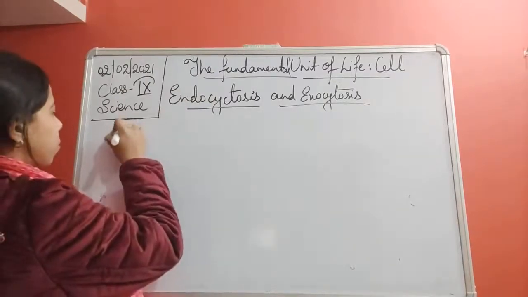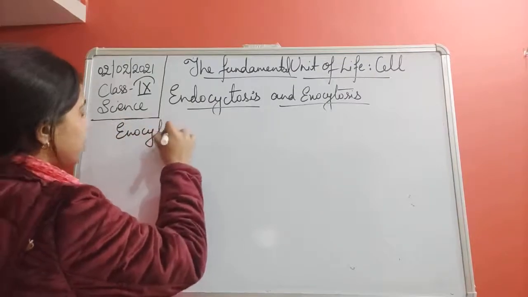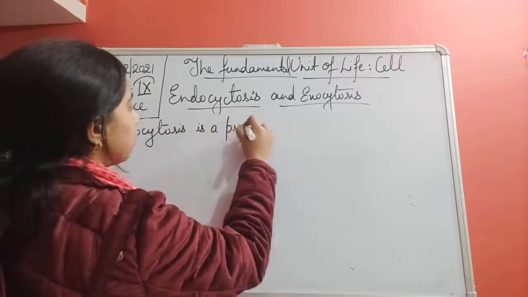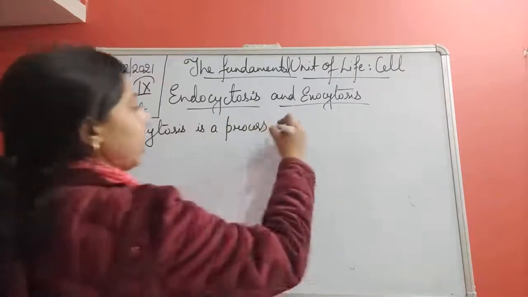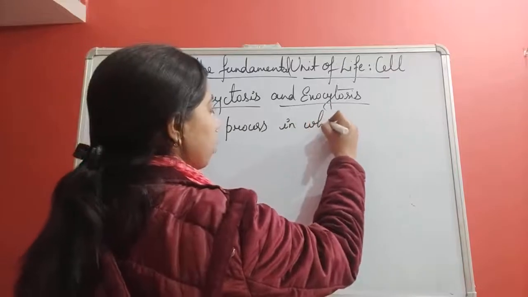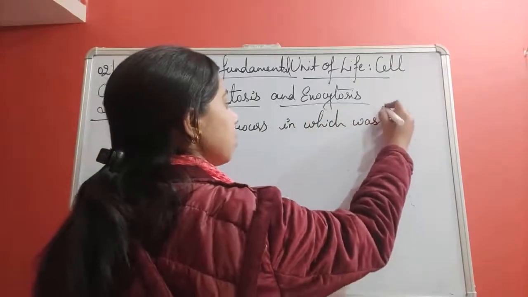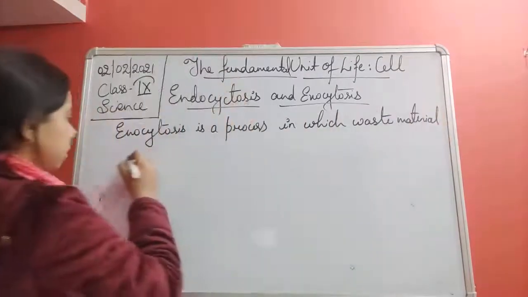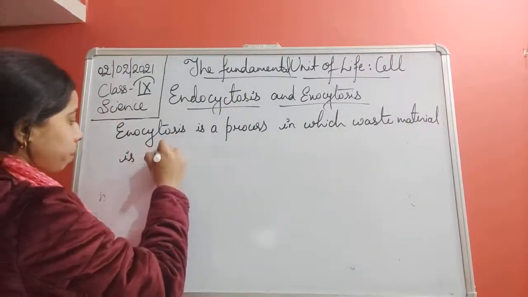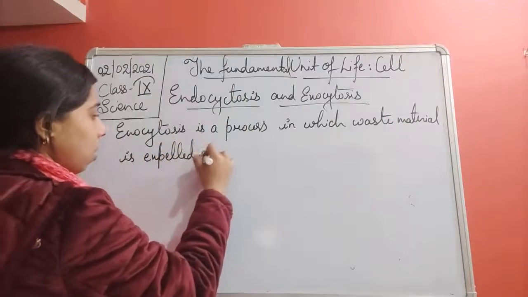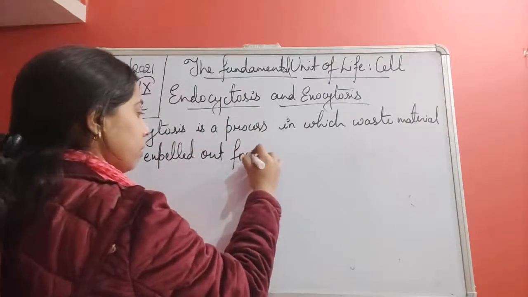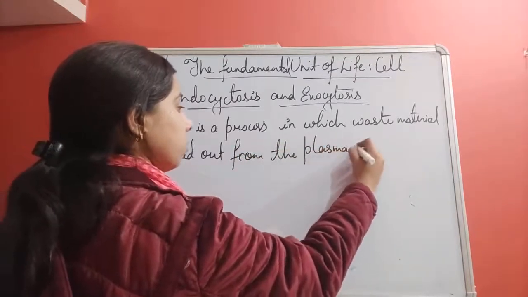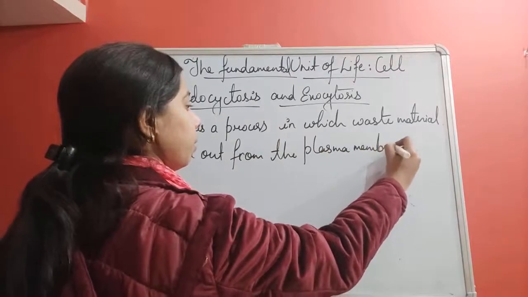So, exocytosis is a process in which waste material is expelled out from the plasma membrane.